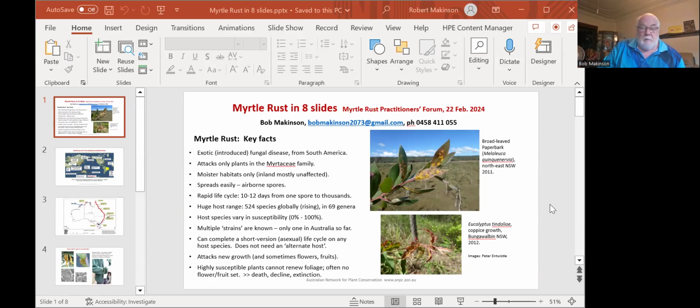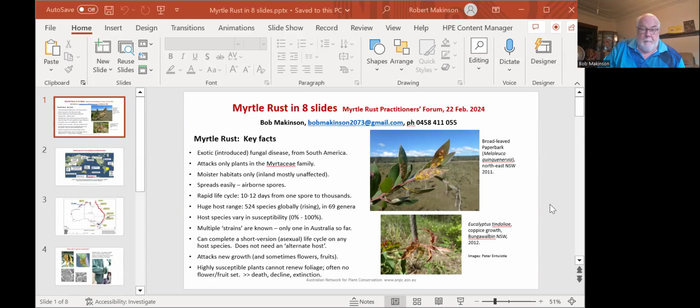One of those strains in South America is particularly aggressive on eucalypts in the forestry and timber products industry there. And we certainly don't want to add to our burden of threat in Australia by introducing that particular variant or any other.